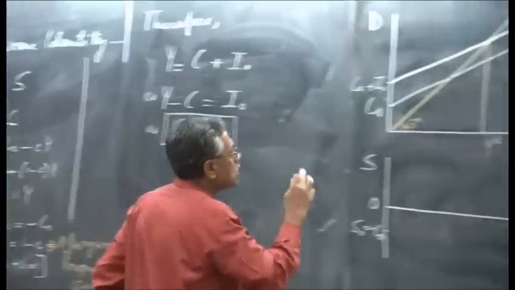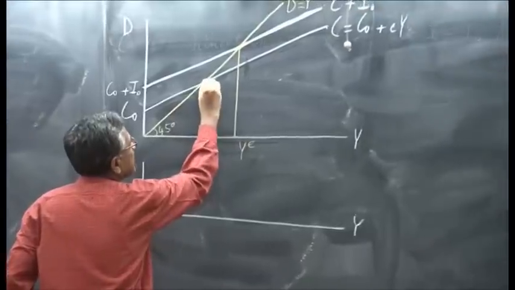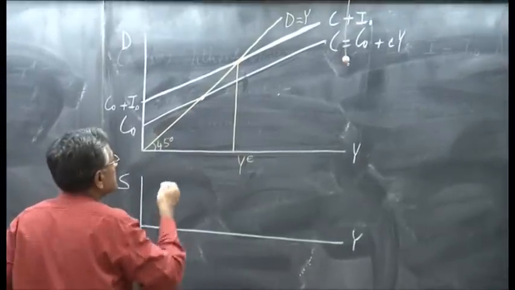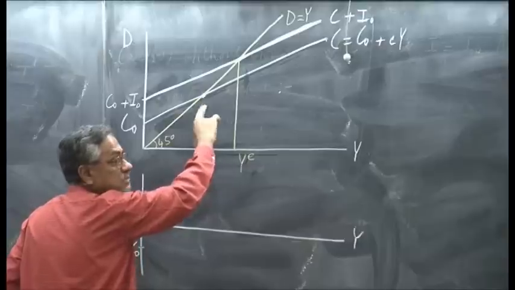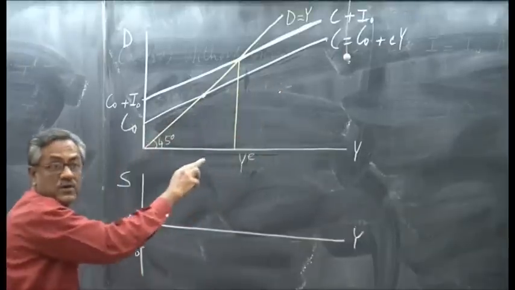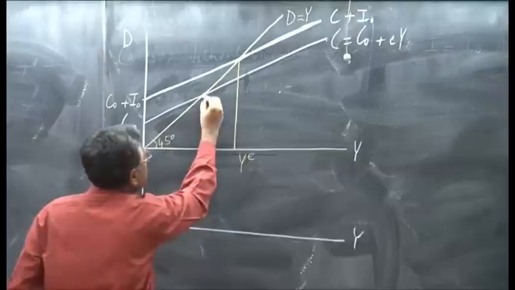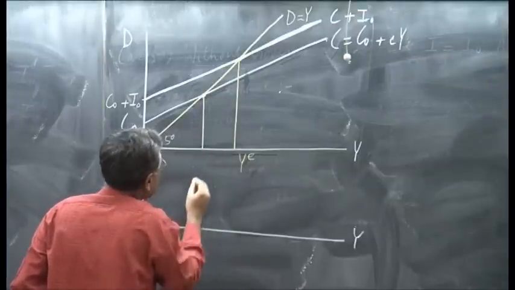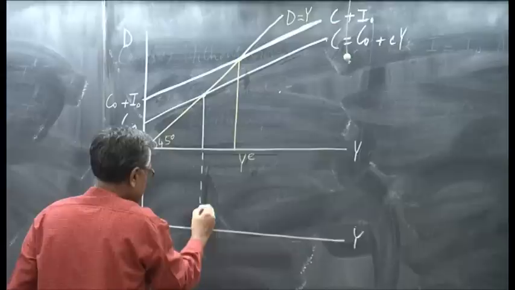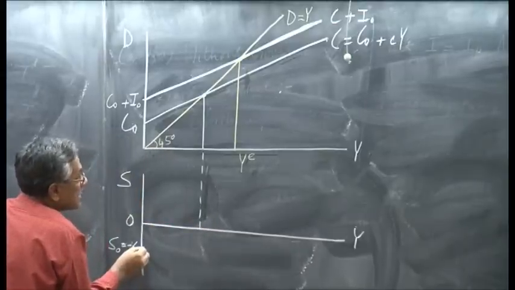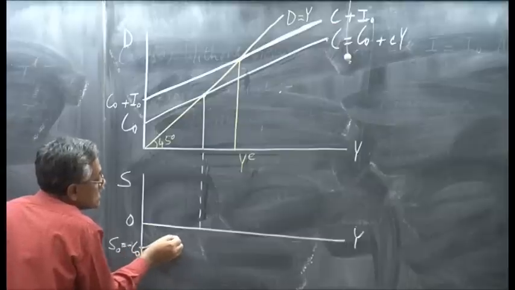So at this point, when the consumption line intersects the 45-degree line, that is, the height of consumption, because the first line is the consumption function, at that point of Y, the savings is 0. So the savings line is like this.